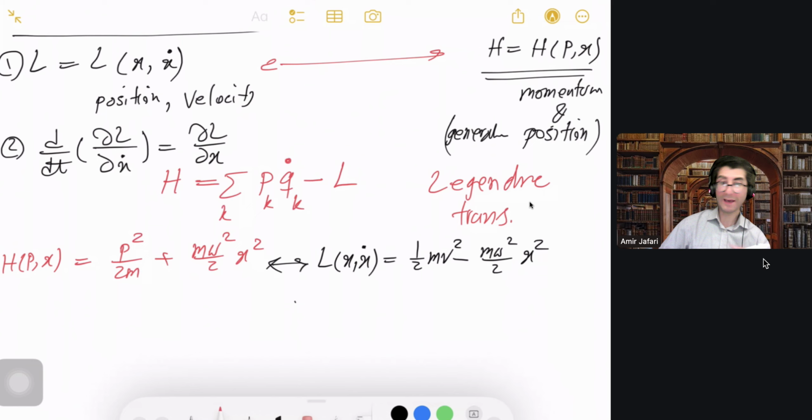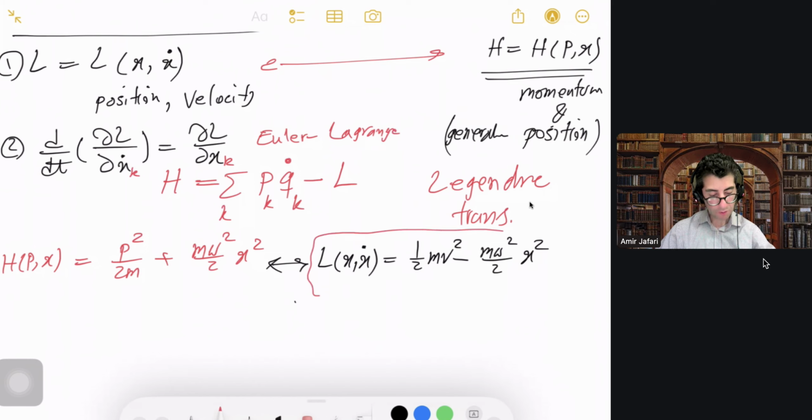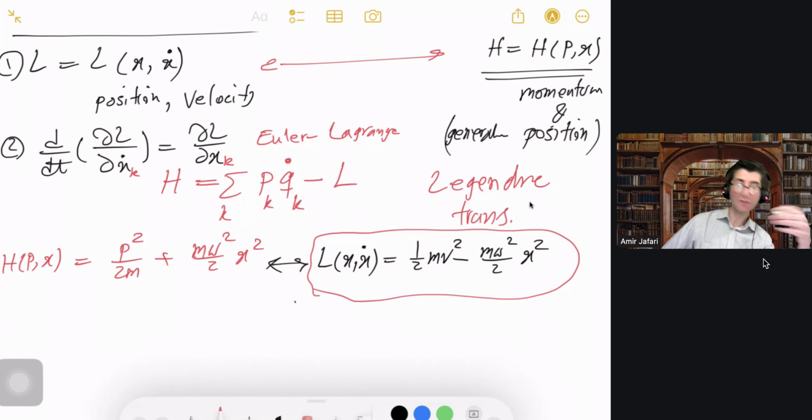Again, if you have n particles instead of just one, n simple harmonic oscillators, you're going to have a k index here for each coordinate. Okay, this is called the Euler-Lagrange equation.